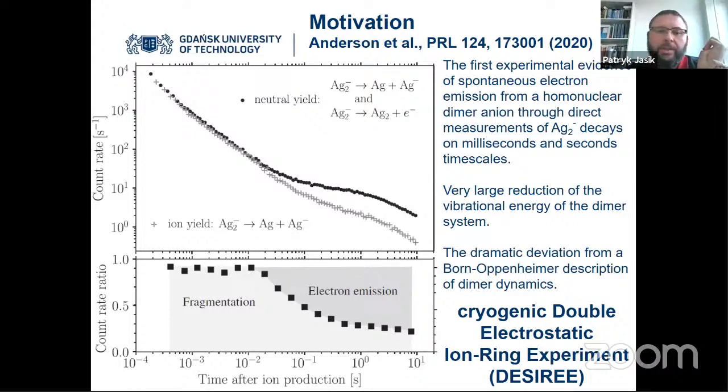In this experiment, for the first time, it was possible to see the spontaneous emission from a molecular anion dimer, which was a little bit surprising because in this system there is no crossing between the ground states of the anion dimer and neutral dimer, and no avoided crossing.